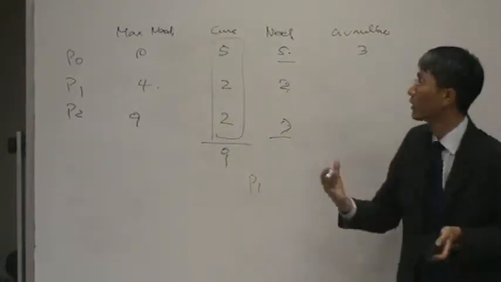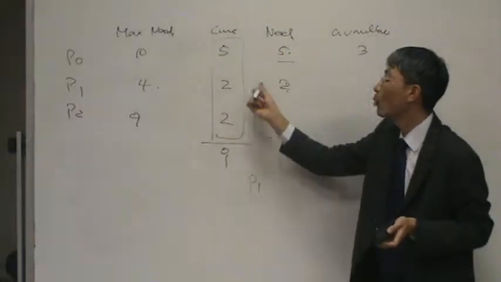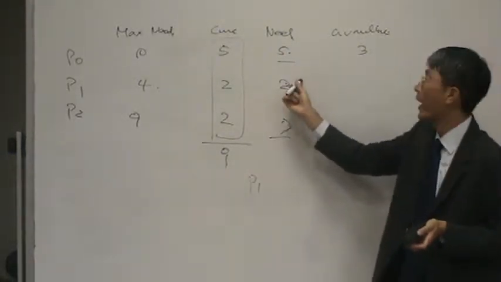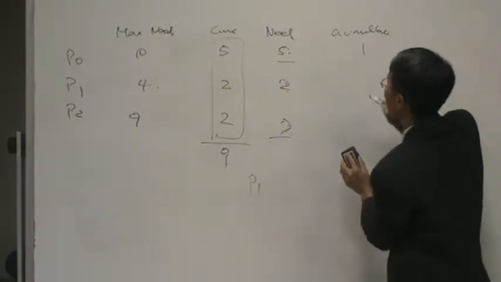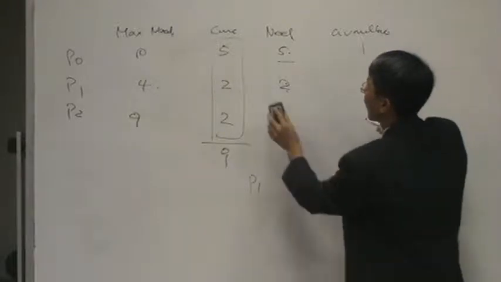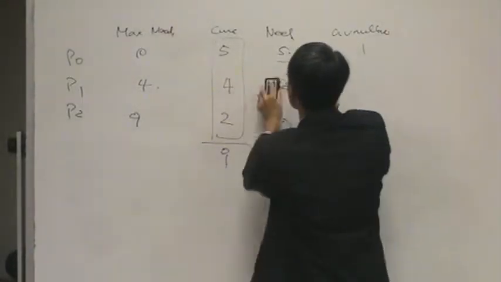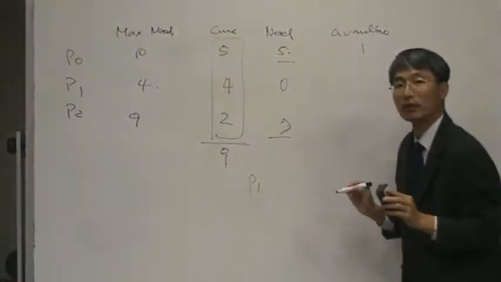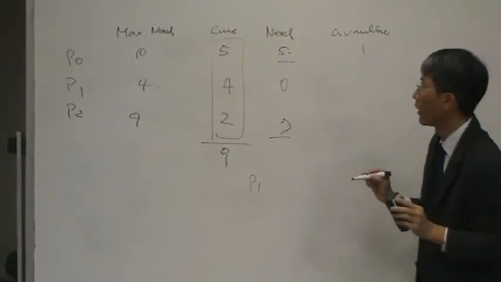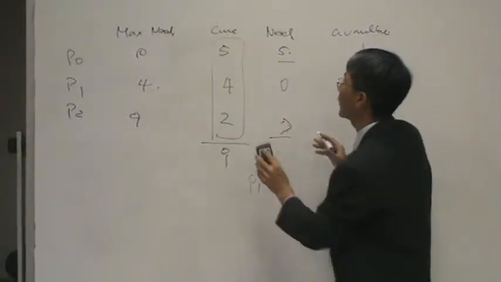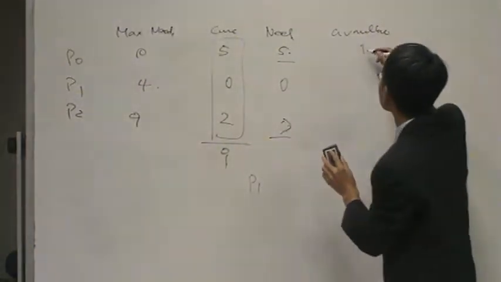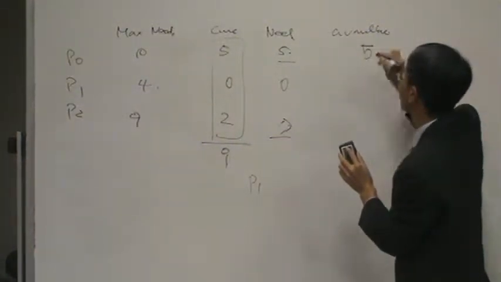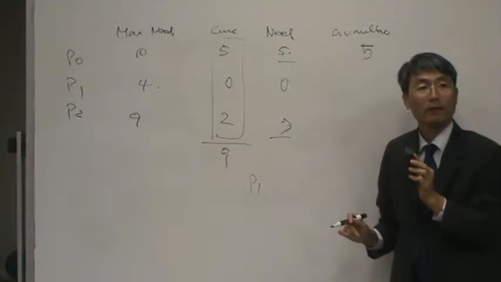You can grant the request of P1. Then available becomes 1. After P1 is completed, all its held resources return to available, so it will be 5, right?